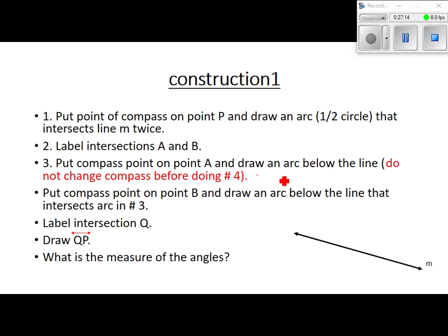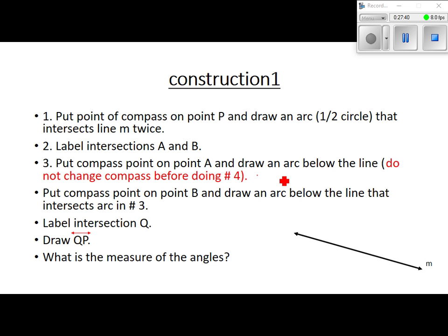And how wide? It doesn't really matter as long as, if this is my line, it goes through the line. I don't want to make it so wide that one end hits the line and the other one comes way out here. I want it to hit the line.